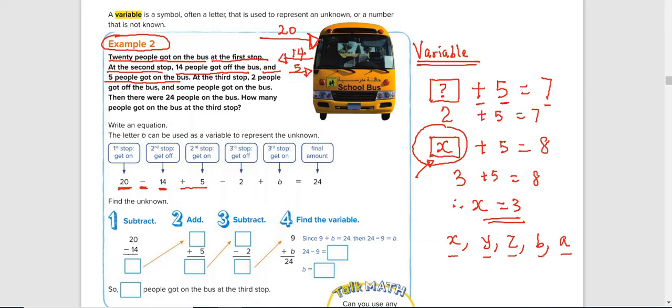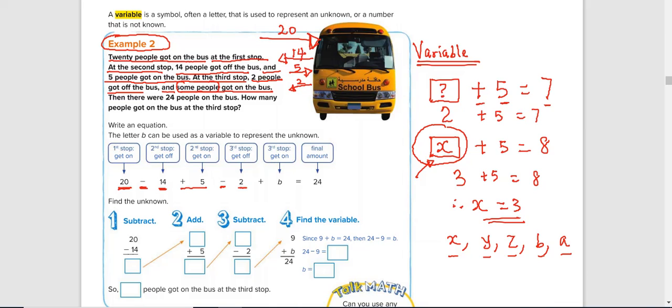Okay, let's see. At the third stop, 2 people got off the bus again. So off the bus again, 2 people, which is minus 2. And some people got on the bus. Now in this case, the number is not specified. It only says some. So we don't know the number of people.